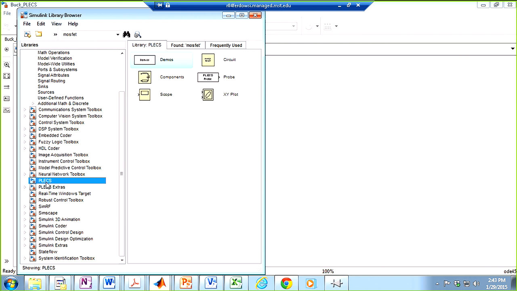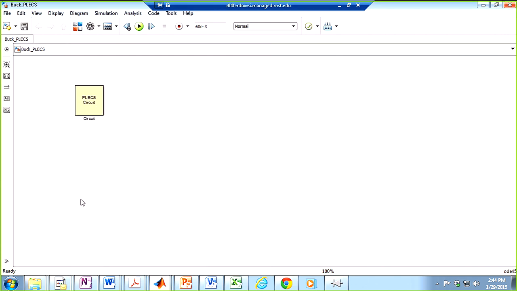But that is not what I usually use, and please try, especially for distance students and you guys on campus, when I post these files on Blackboard, make sure you can run them. That means you are not using a standalone Plex, because if you email me a standalone Plex file, I don't have it on my computer, so I will not be able to open it. Plex should be a toolbox in your Simulink. Here is Plex basically. All right.